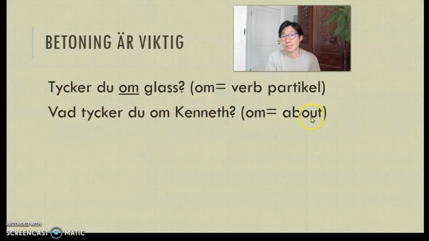Tycker du om glass? Vad tycker du om Kenneth? Har du hört skillnaden? Do you hear the difference? So, to wrap up. Phrasal verb, partikelverb in Swedish is almost like how it is in English, but you need to also think about the stress, the pronunciation.